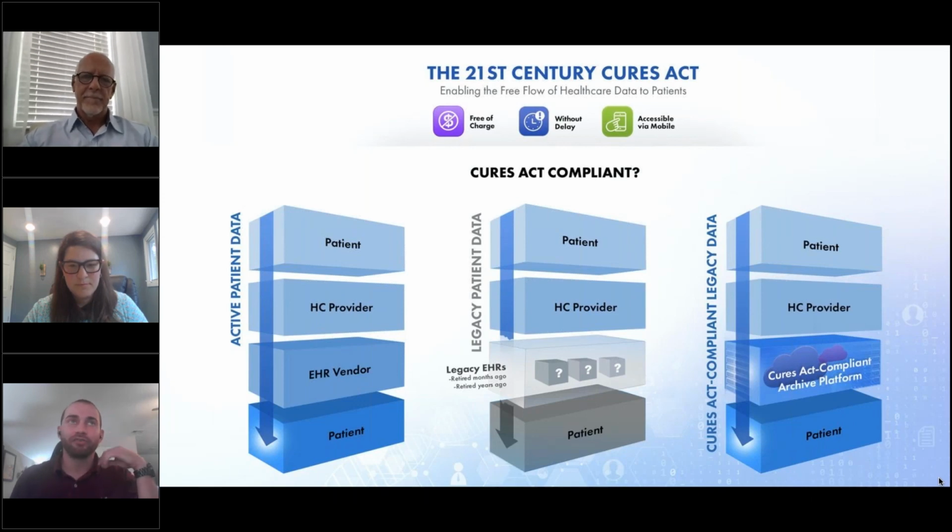But I think it's also important to know that the Cures Act encourages the patient portal to get the patient data, but it actually doesn't mandate it. So if you're one of those organizations that doesn't have a patient portal right now and you're worried about getting in trouble for not having one, you technically don't need it right at this very second.